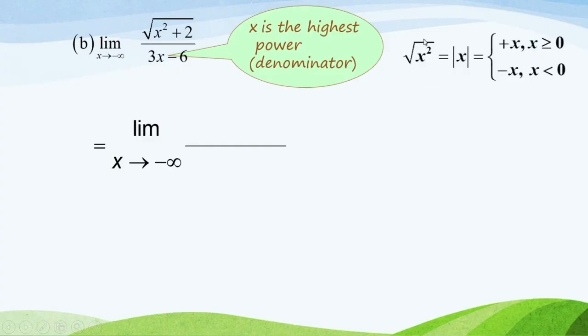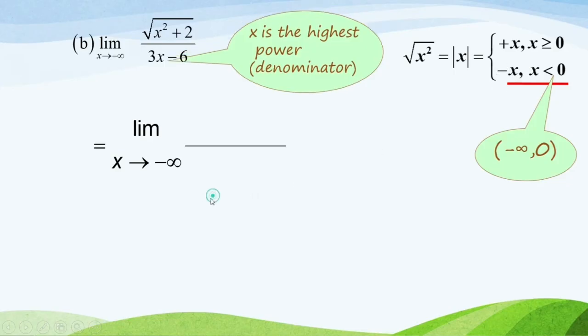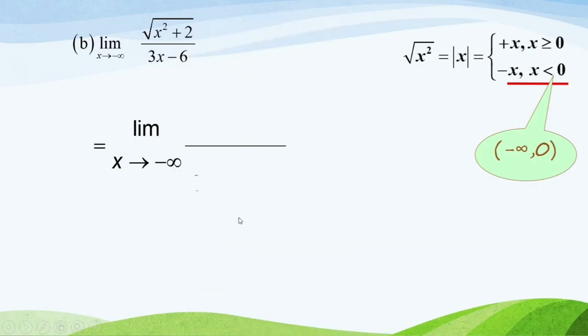From the square root of x squared, we know the square root of x squared equals the modulus of x, equal to x or negative x. When x approaches negative infinity, we know that the function is negative x, so we must divide the denominator by negative x, so 3x divided by negative x and negative 6 divided by negative x.